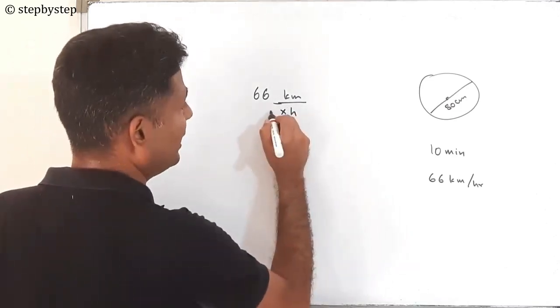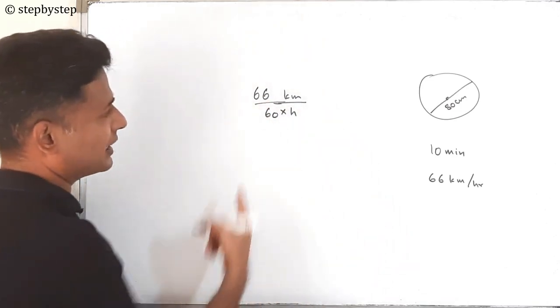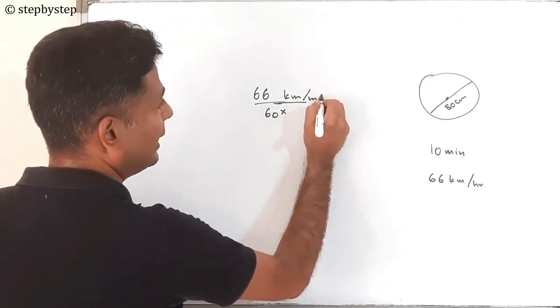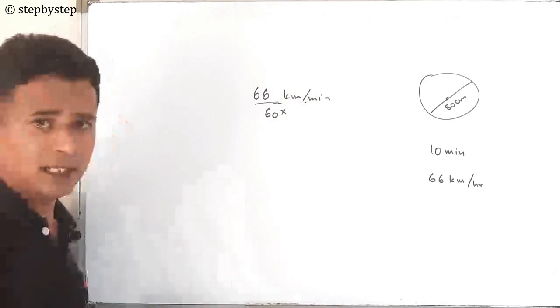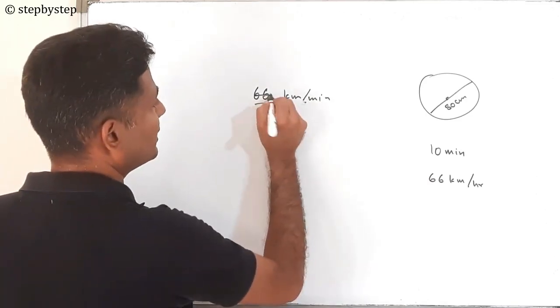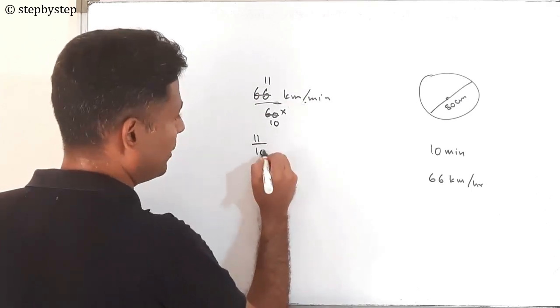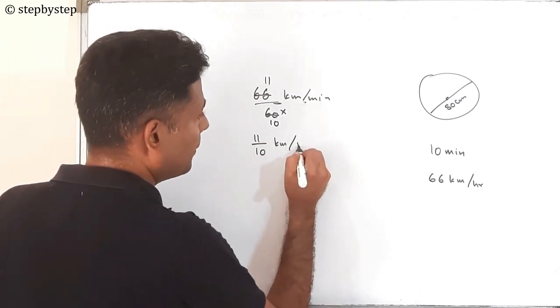By dividing by 60. So it becomes 66 by 60 kilometer per minute. If we divide by 60, we get it in minutes. So 66, 11s are, 10s are. So it's traveling at the speed of 11 by 10 kilometer per minute.